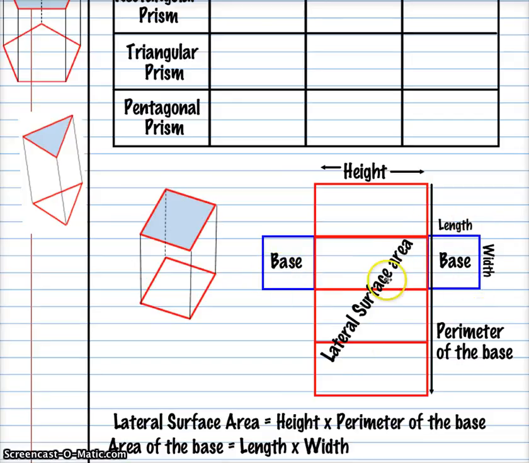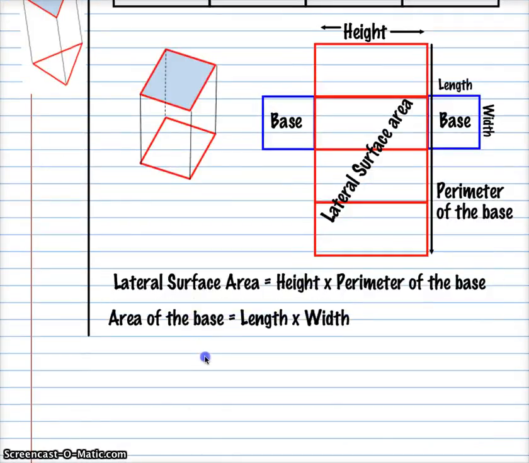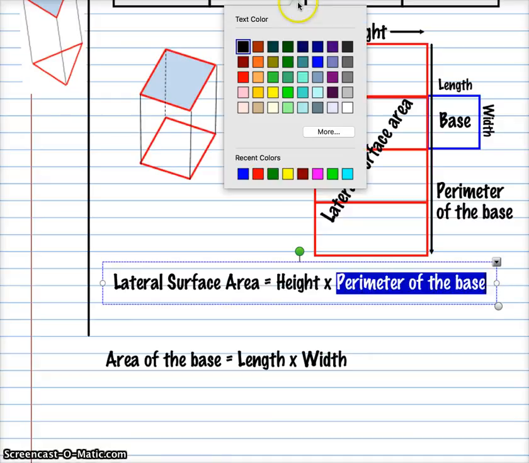Surface area is height times length plus length plus width plus width. So here, the perimeter of the base, let's extend that. Let me put this in blue so you can see what I'm talking about.